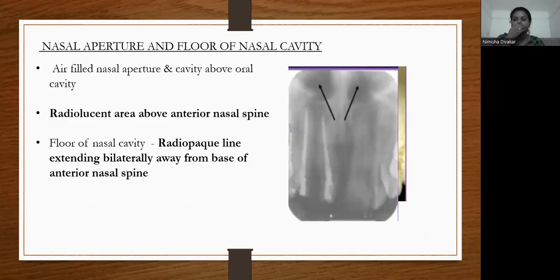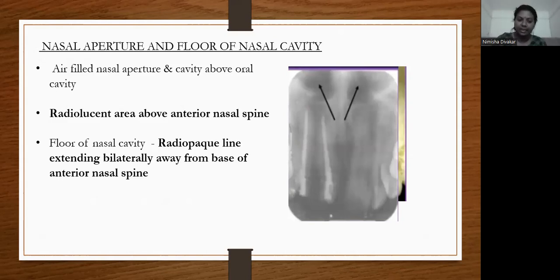Below the nasal aperture, we can see the floor of the nasal cavity. The floor of the nasal cavity is a radio-opaque line extending bilaterally away from the base of the anterior nasal spine. So, from the start of the nasal septum, two symmetrical lines run bilaterally in the lateral direction, which is the floor of the nasal cavity.